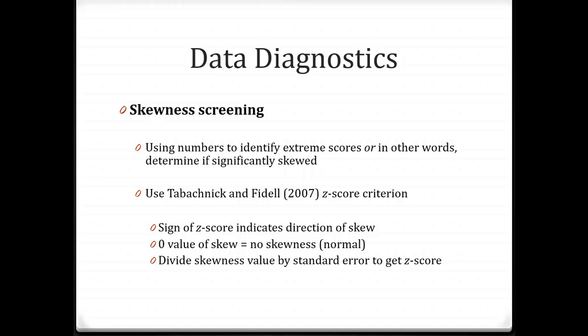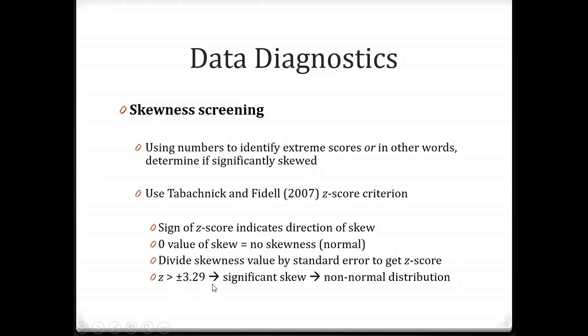After we divide our skewness value by the standard error, we get our z-score. Again, that tells you the number of standard deviation units away from the mean, in this case 0 of the distribution, the skewness is. And the Tabachnik and Fidel value is plus or minus 3.29.